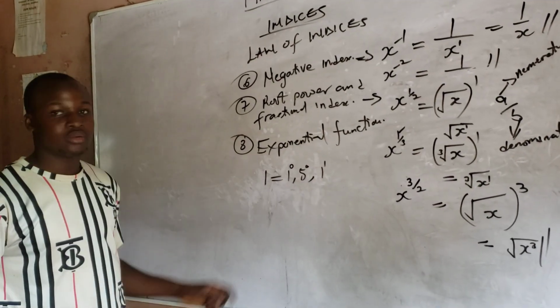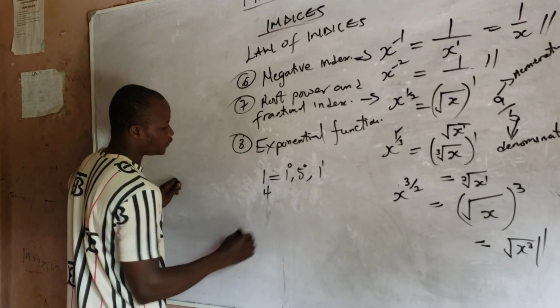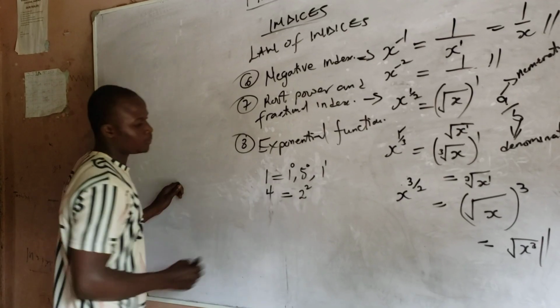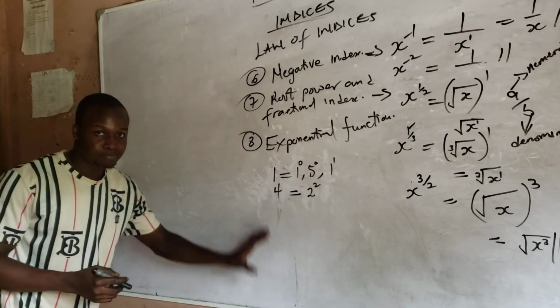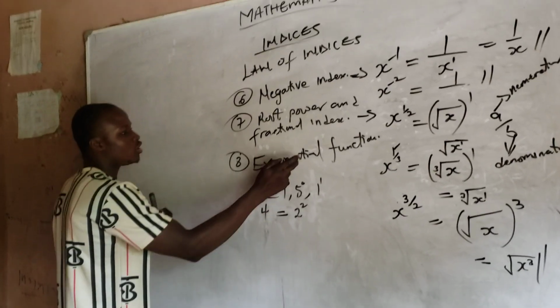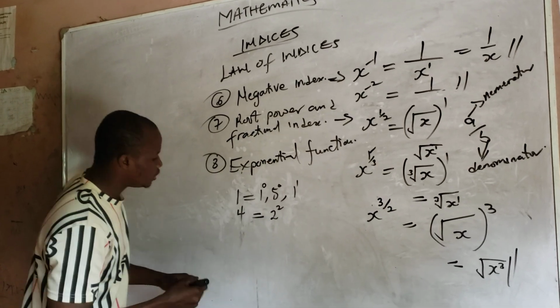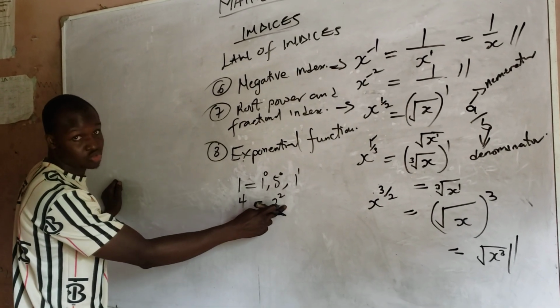Now, we have another one, 4. The index form of 4 is what? 2 raised to the power of 2. So majorly, it deals with perfect squares. If you don't know the index forms, you won't be able to solve any question that pertains to this exponential function. The index form of 4 is 2 raised to the power 2.